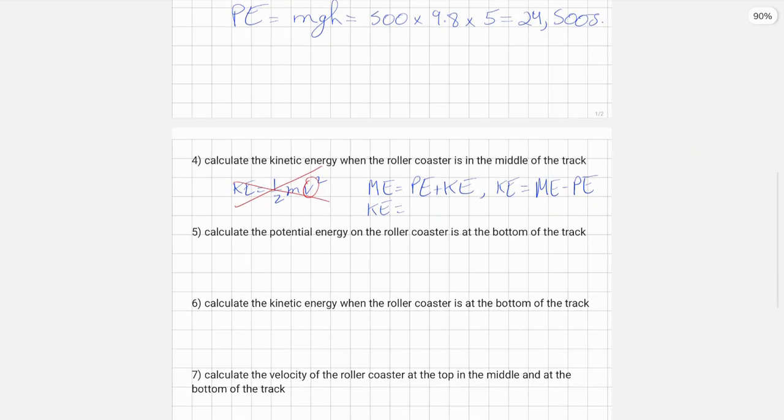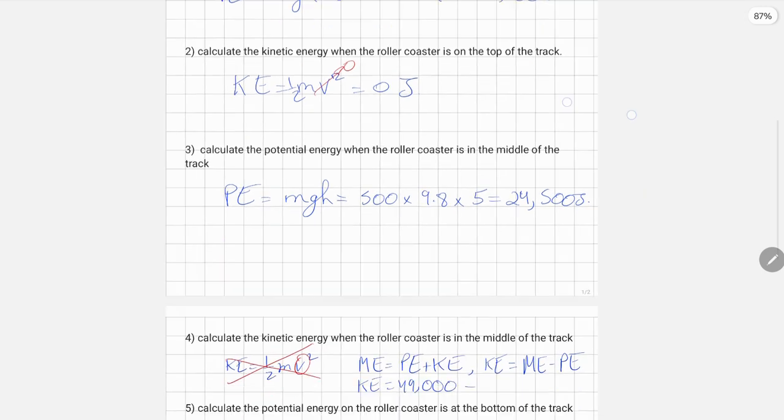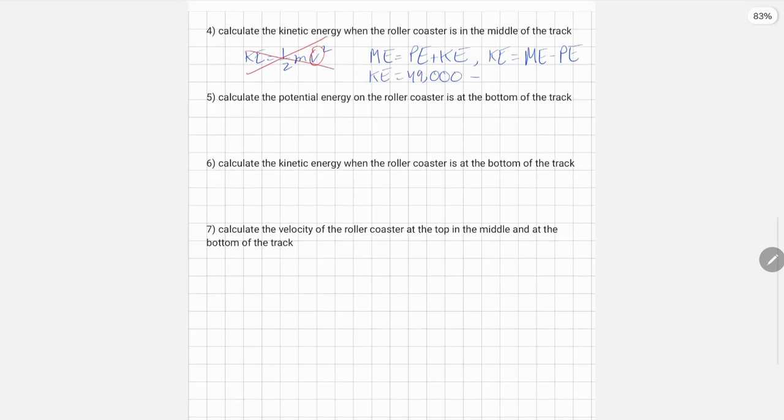So kinetic energy is equal to the mechanical energy, which is 49,000 joules, minus the potential energy, which we just calculated over here. So this is the potential energy.